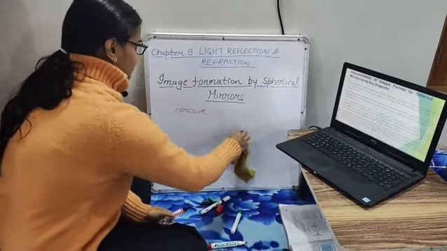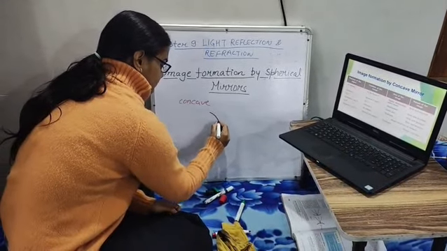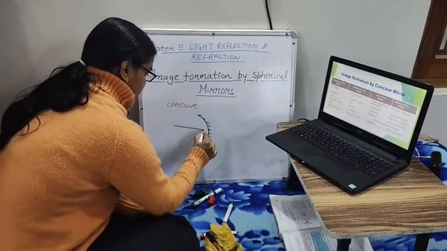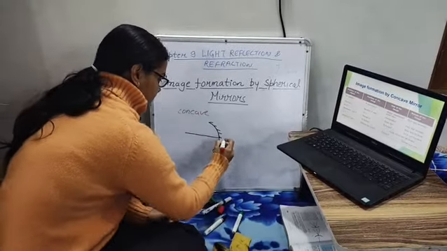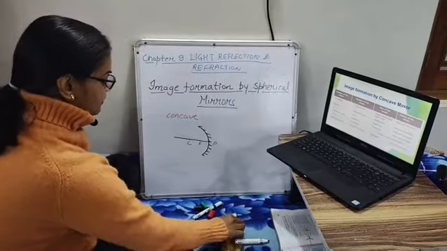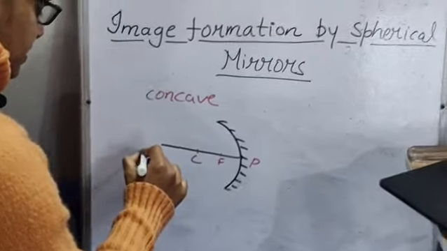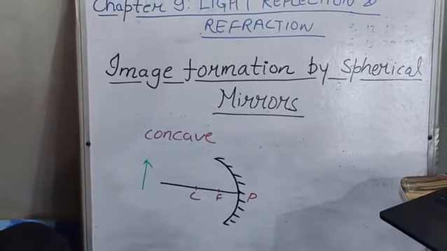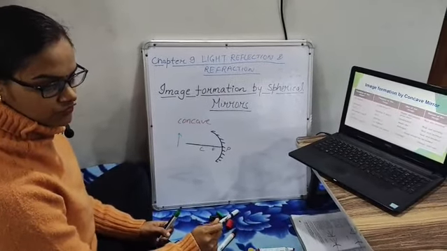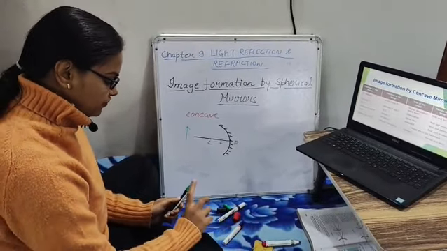First of all, coming to concave mirror. Now this is P, this is F, and this is C. The object is represented here by green light. One more thing which I want to specify: for the position of the image, there has to be an intersection of two reflected rays.